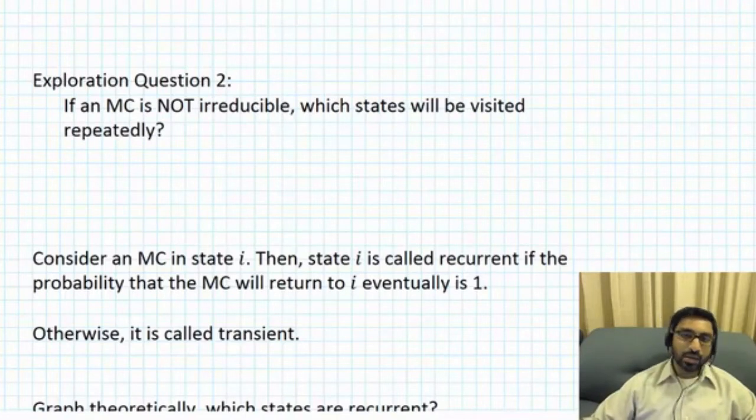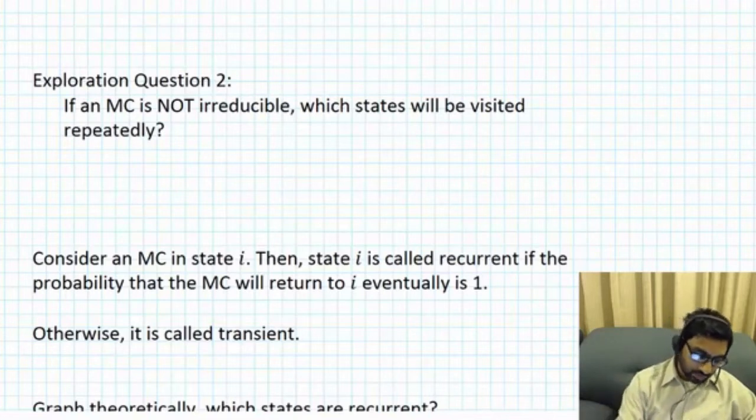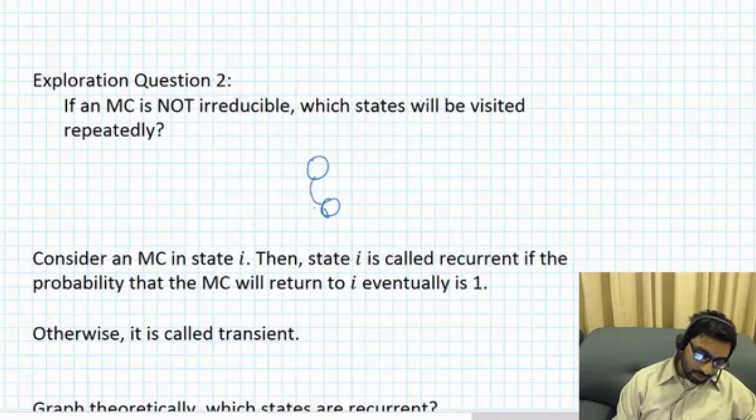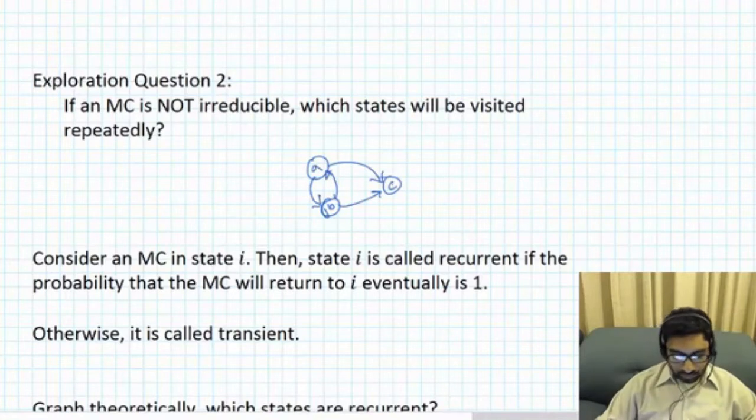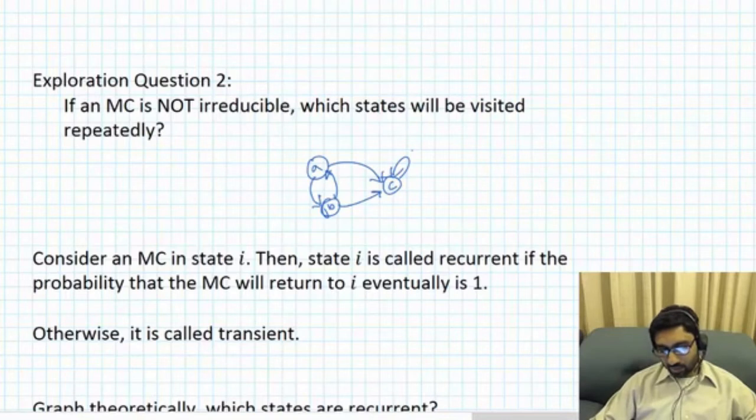If you have a directed graph, let's make ourselves an example here. You'll have to make up the transition probabilities, but let's see, something like this. If you start at either state A or state B, you might be going back and forth a little bit, but once you go to state C, well, C is an absorbing state, and there is no hope of coming back to A or B.